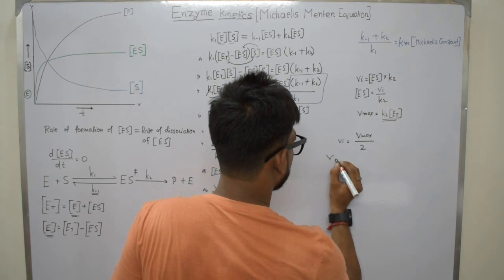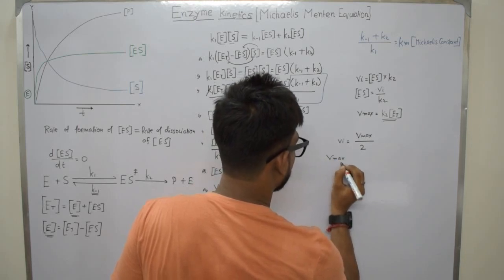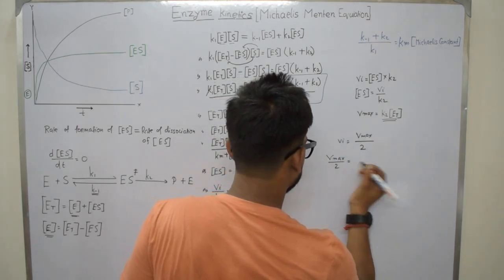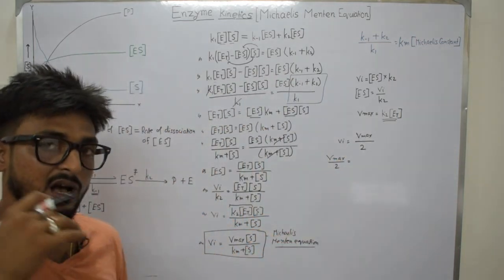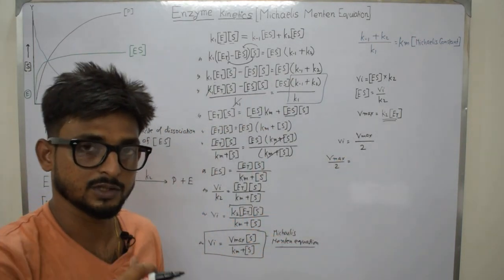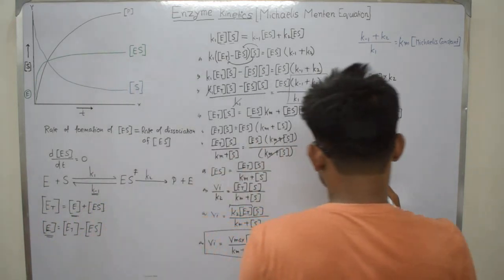So here we can put this equation here. So the Vmax divided by 2 is equal to, because this is indicating the half velocity, okay, half of the velocity.